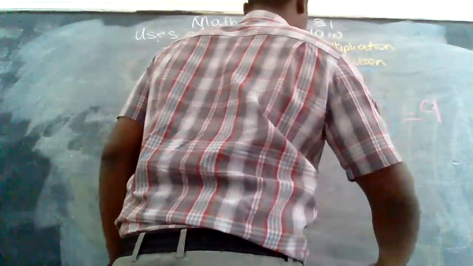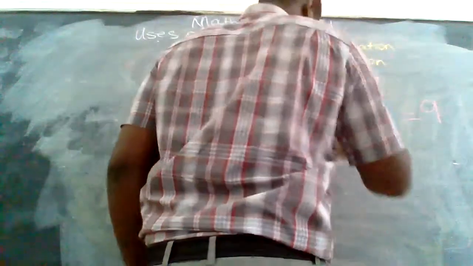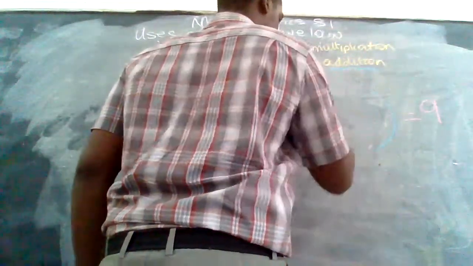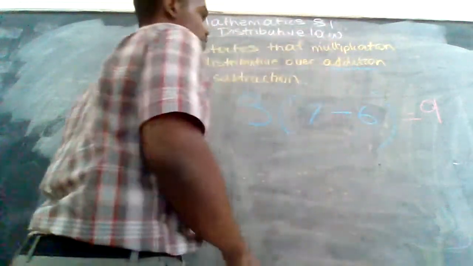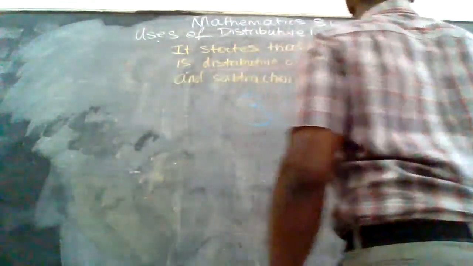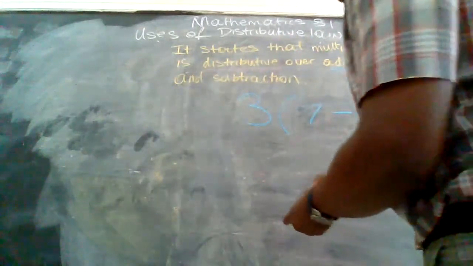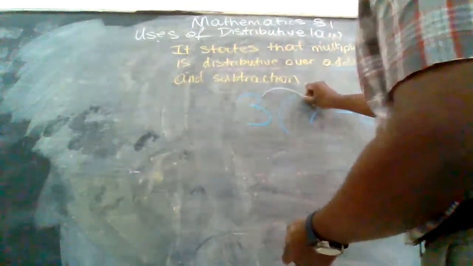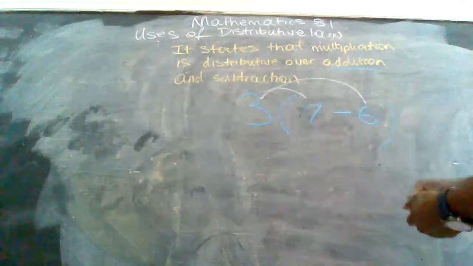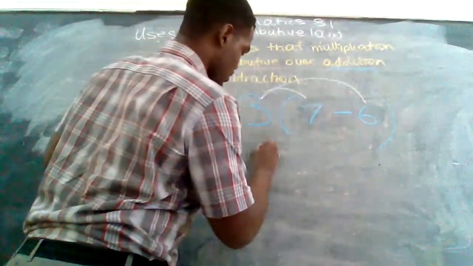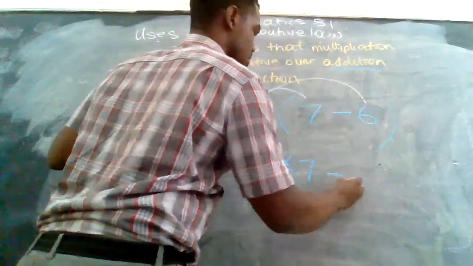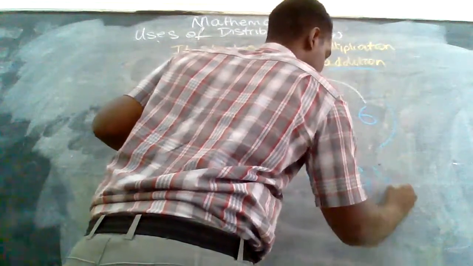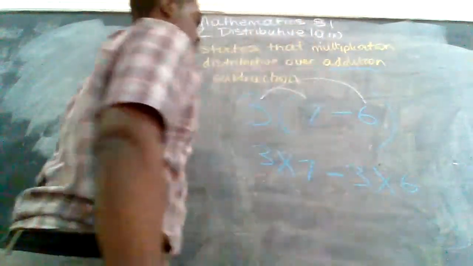Let's say we have 3 bracket 7 minus 6. And we want to distribute this 3 to both terms. So we're going to say 3 times 7 and then 3 times 6. Alright? So what is 3 times 7? 3 times 7 minus 3 times 6.